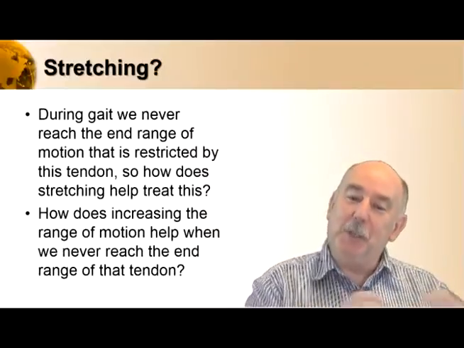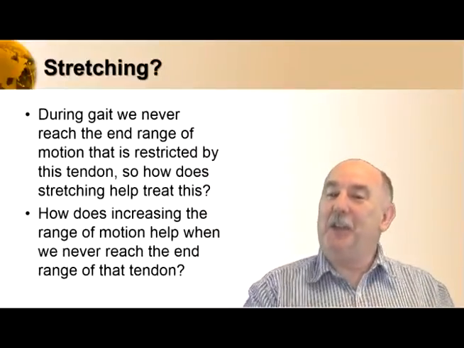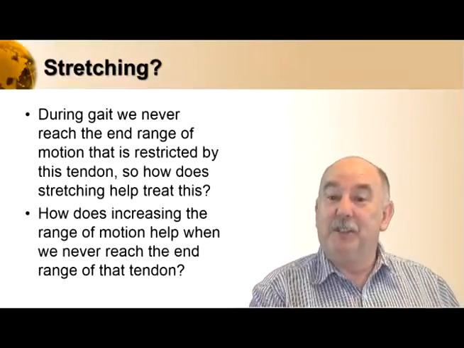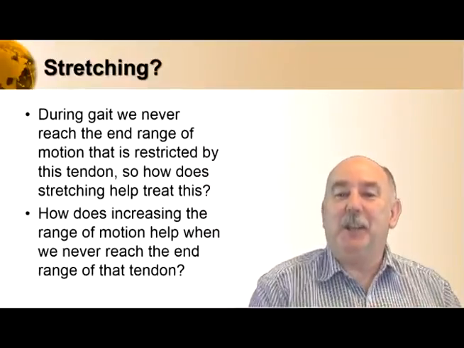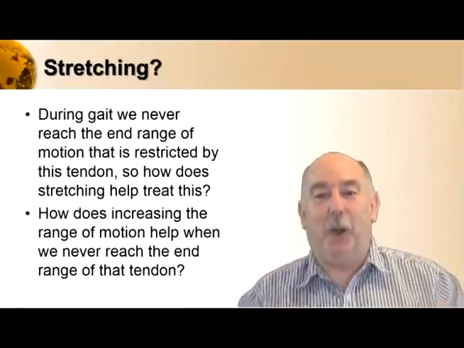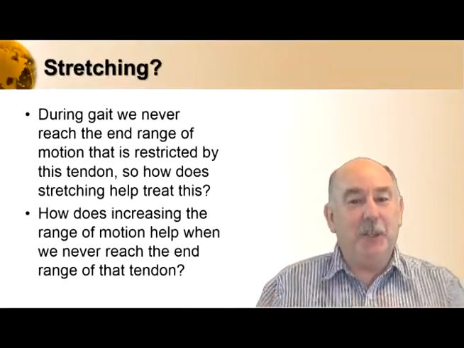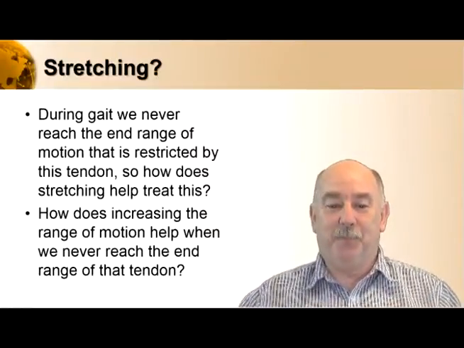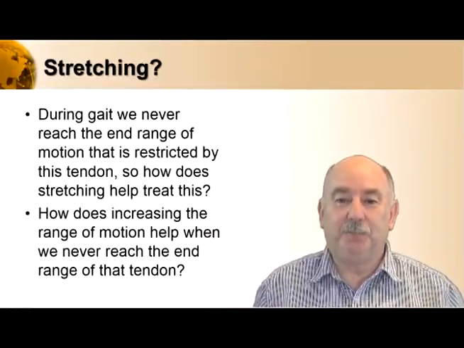But in this situation, we never actually reach it. So how does increasing the range of motion help when we never actually reach it? Of course, a flexible muscle is better than a tight muscle, but I just question the advice of stretching to help this.